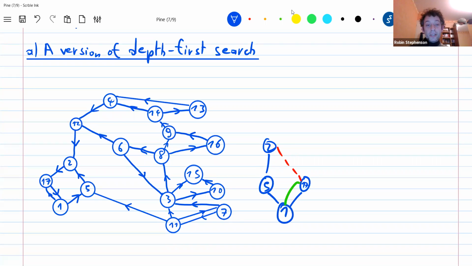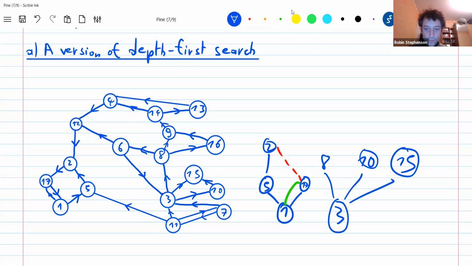17 being explored, we need to explore the lowest available vertex. But now there's no one on the tree, so we're going to start a new tree at 3. 3 has out neighbors 8, 10, and 15. So 3 is explored. 8 has also 3 out neighbors, 6, 9, and 16.